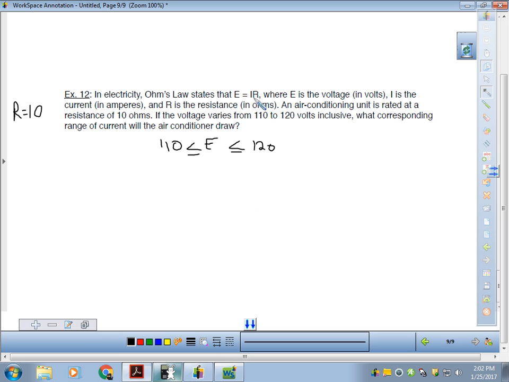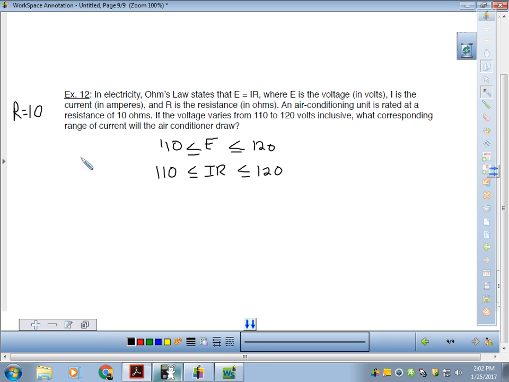Now what I'm going to do is replace E with this equation that we know. So instead of E, I'm going to write IR, because E is the same thing as IR, so I can just replace it. So 110 has to be less than or equal to IR, which is less than or equal to 120.